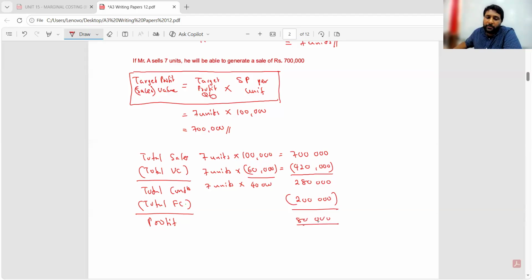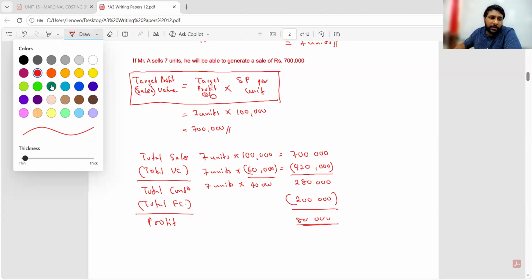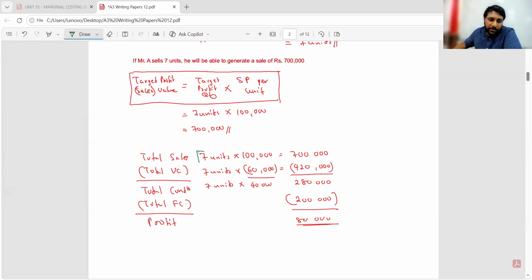Proved it, huh? So when you sell 7 units with a sales value of 700,000, your profit becomes 80,000. So this is the target profit quantity, and this is the target profit sales value.